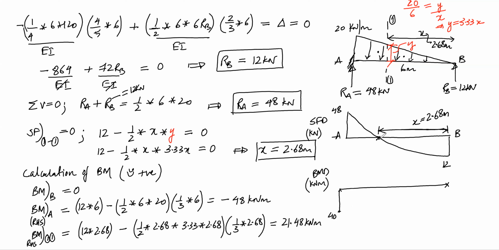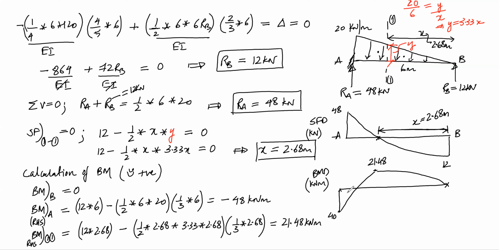And the bending moment here is going to be 21.48 at this section, that is at 2.68 meters from point B. And then you join these points using a parabola.